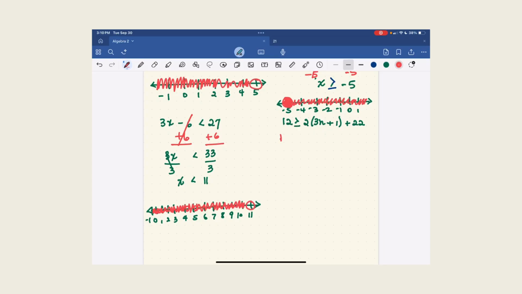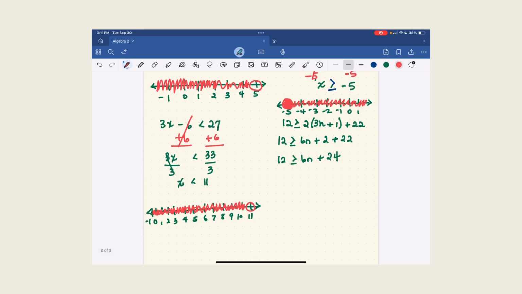So we have 12 is greater than or equal to 6n plus 2 plus 22. 12 is greater than or equal to 6n plus 24.